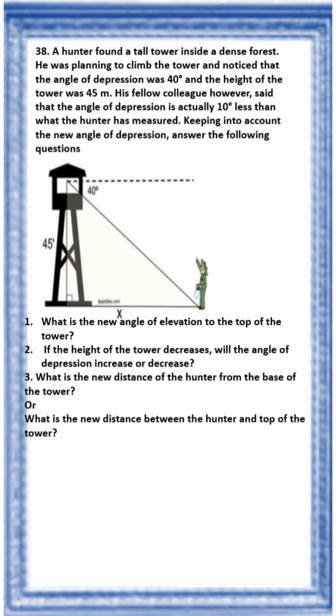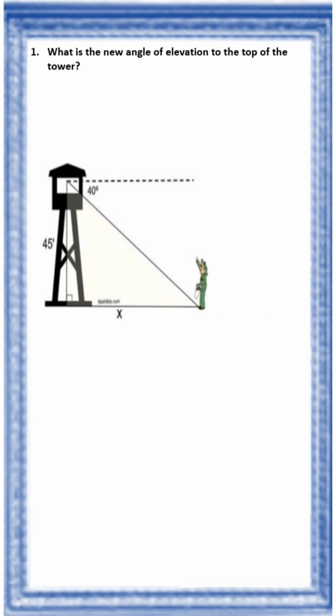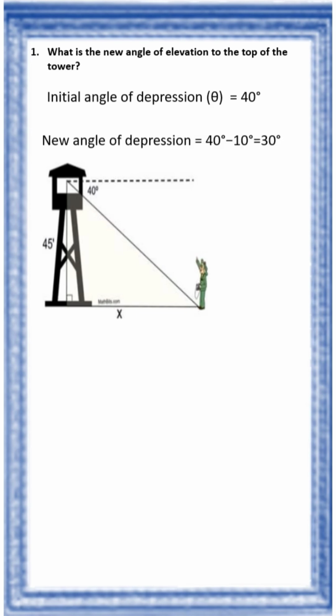What is the new angle of elevation to the top of the tower? The initial angle of depression is 40 degree. Here it is given, isn't it? The new angle of depression is 40 minus 10, because another hunter came and said that it is actually 10 degree lesser than what he observed.